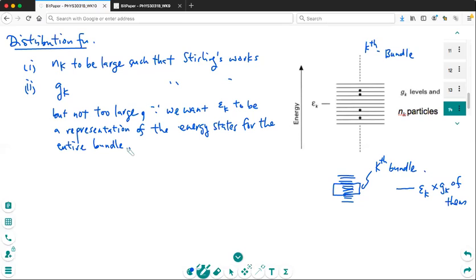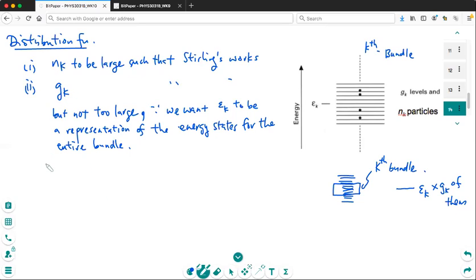Okay, so these are the criteria. It's almost like a thought experiment. In our mind, we are asking for big numbers to make approximation. And how can we justify this? You need to put in some numbers, and these numbers will be in the book.